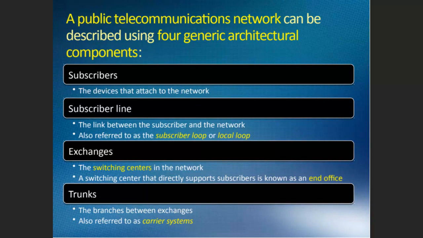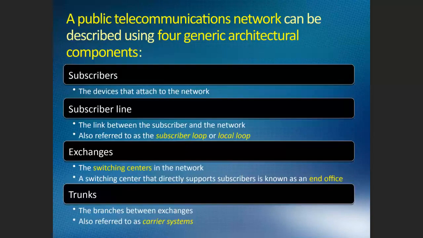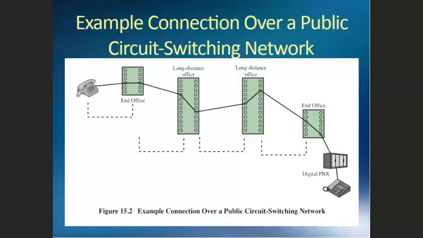The trunks are the branches between exchanges. They are also called carrier systems. Look here. Why do we call this end office? Because this is the trunk next to the subscriber.